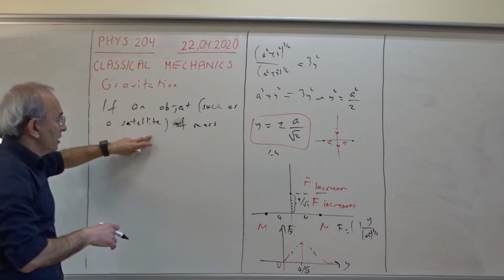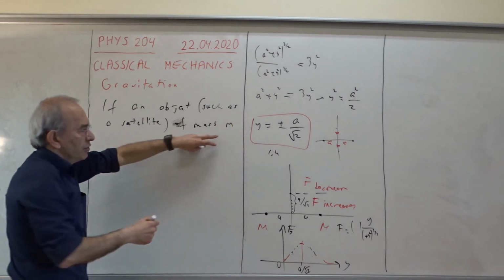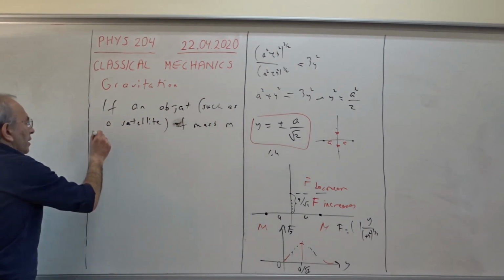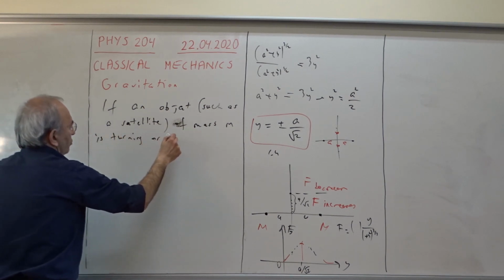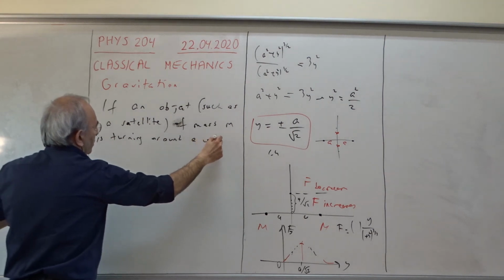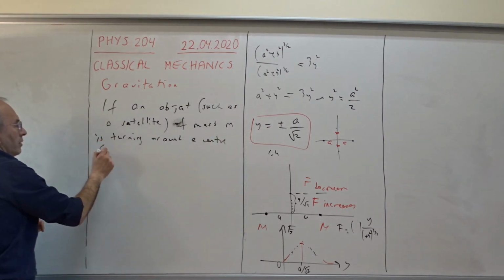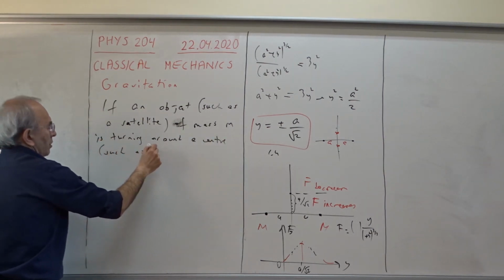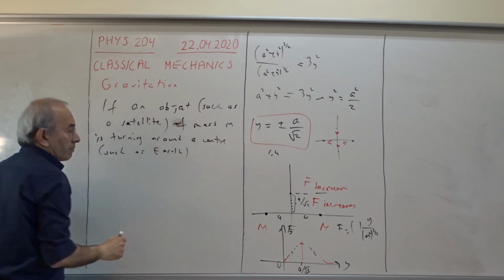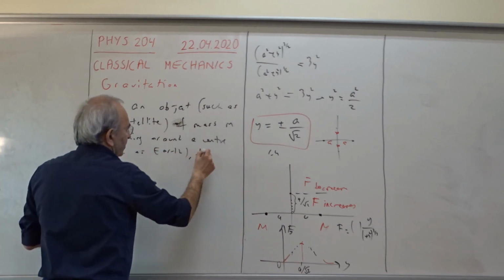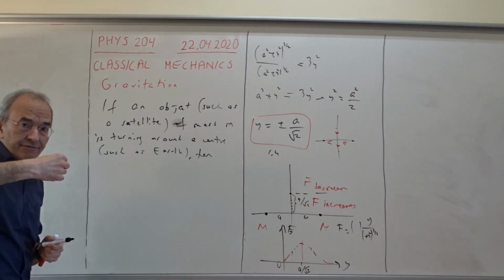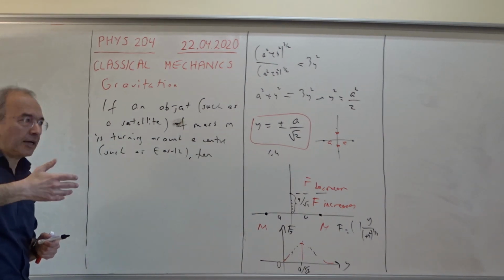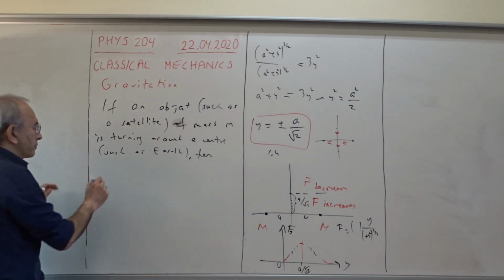If an object such as a satellite of mass m, anyway this will cancel at the end, is turning around a center, such as Earth, then the centripetal acceleration it has to have is supplied by the gravitational attraction.